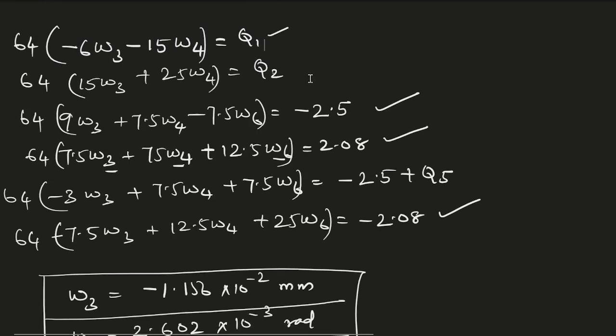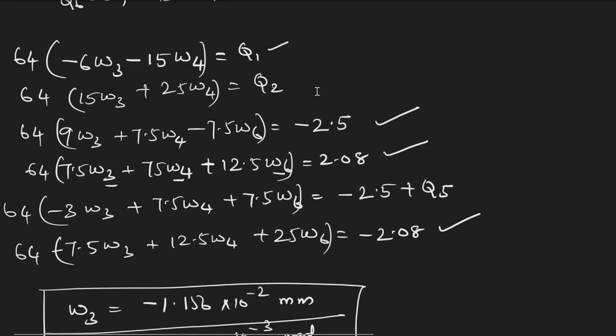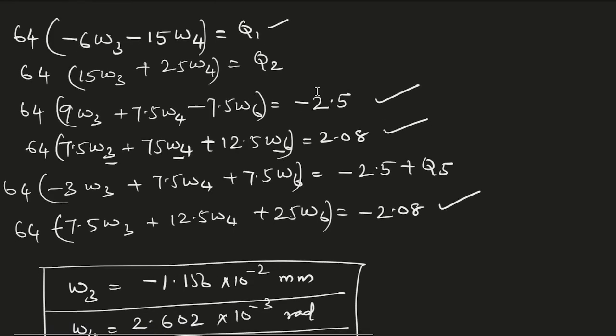So if I put the values of W3 and W4, it is 64 into minus 6 into minus 1.156 into 10 power minus 3.